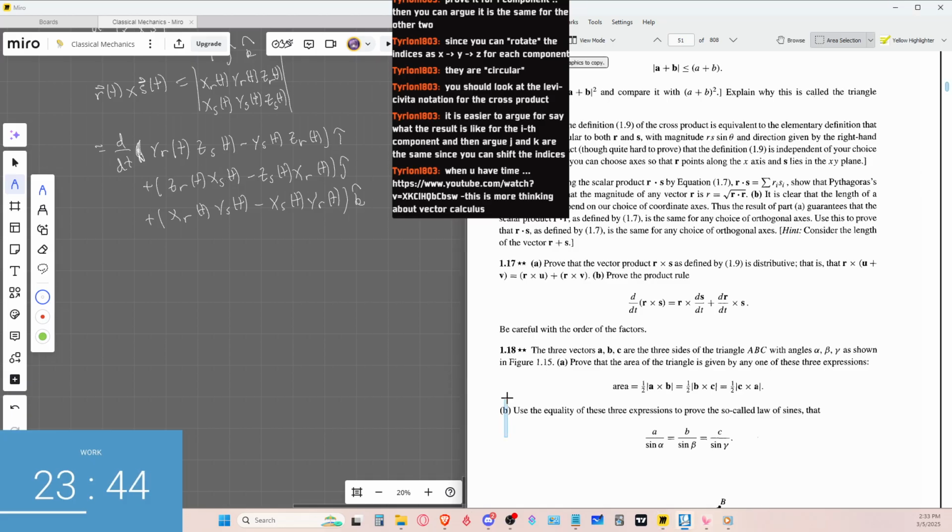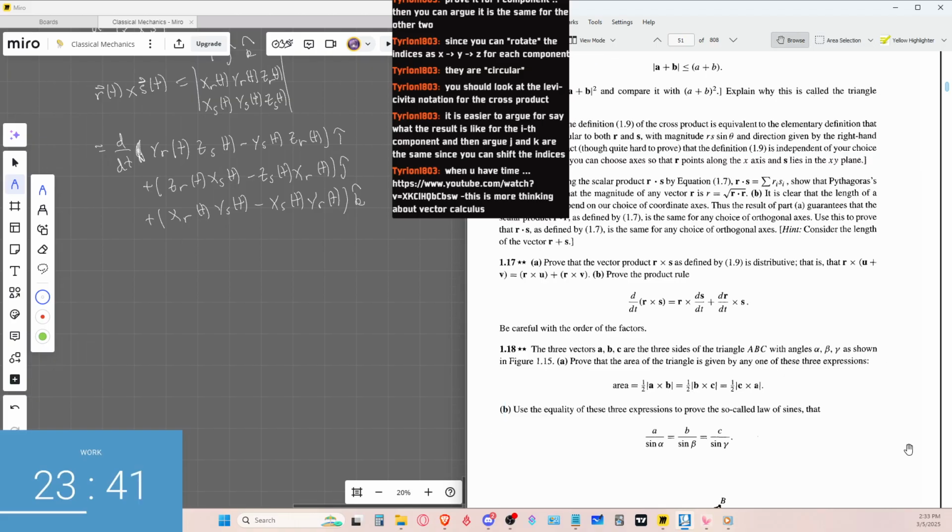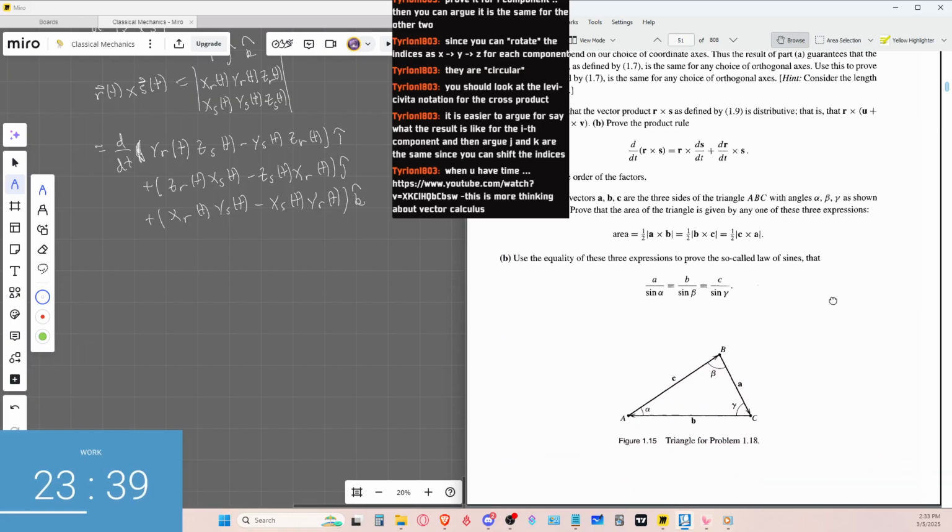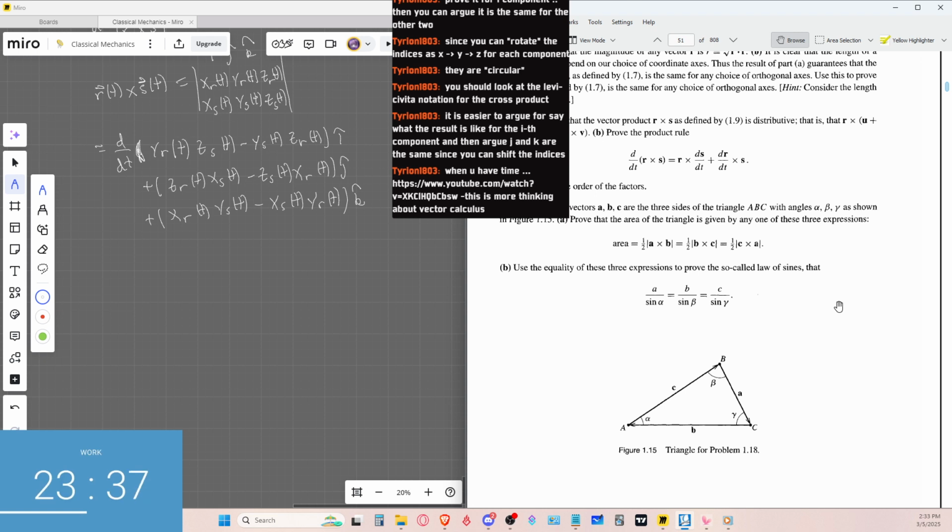What do we got here? Oops. What's 18? The three vectors A, B, and C are the three sides of a triangle ABC, with the angles as in the figure.